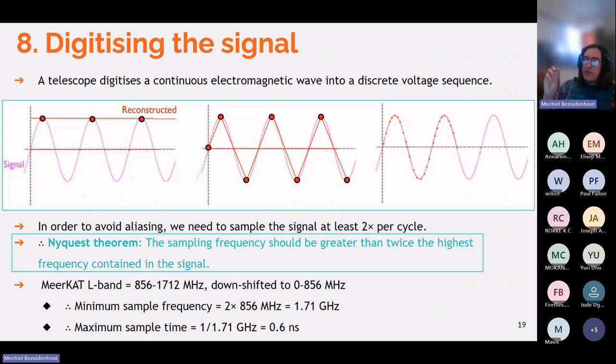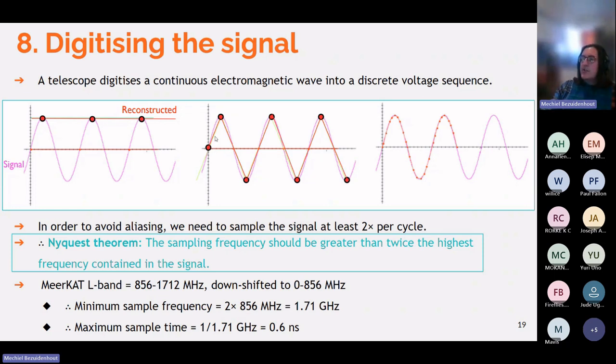If we only sample that signal once every cycle, so let's say once every peak of that signal, then if you're trying to reconstruct the signal, you get a flat line. So in other words, if you only sample the signal once per cycle, you don't have enough information to accurately reconstruct the form of that signal.